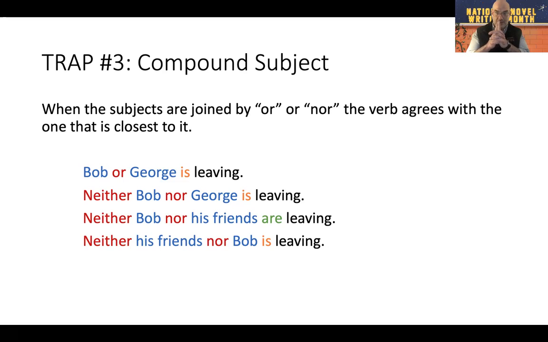What, however, if you have two different nouns of two different numbers? For example, Bob or his friends. Well, Bob is singular, friends is plural. The "or" itself doesn't make it plural, but you've got things of different numbers. So which one should you match up to the verb? And the answer is the one closest to the verb.